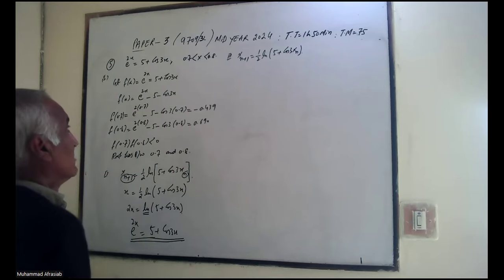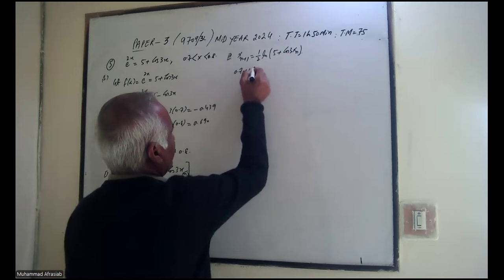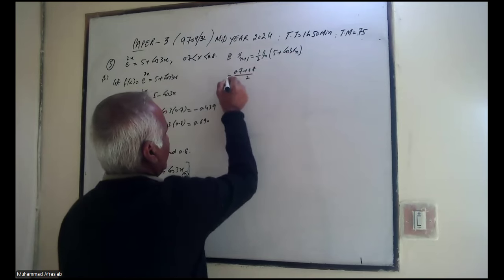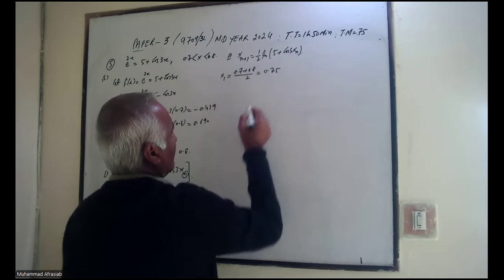Now, we know that the average of 0.7 and 0.8, let's say it is x1, is basically equal to 0.75.